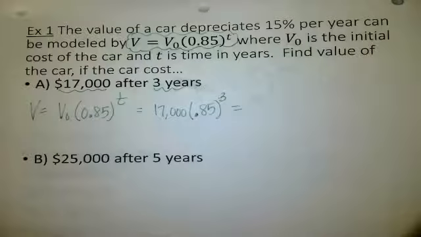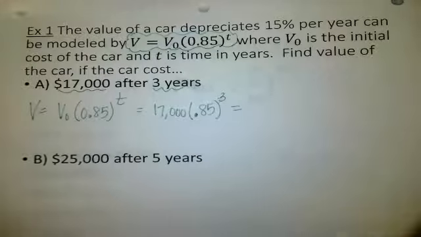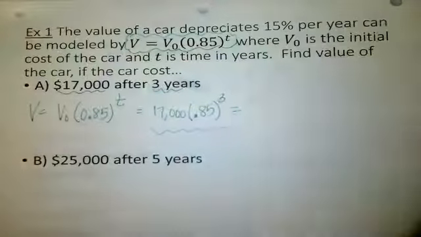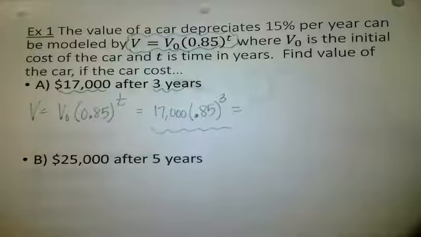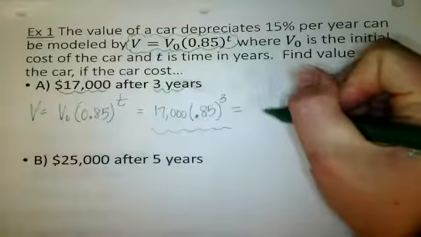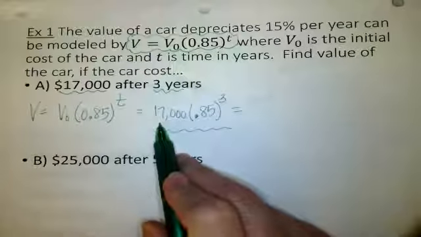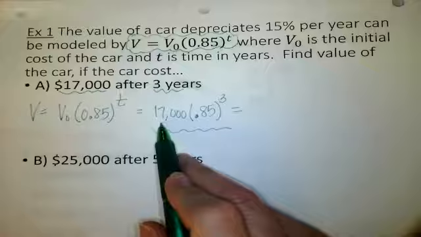So go ahead and plug that into your calculator. And the big thing here is, can you plug it in properly? That's all this is. I am sure you all can write the model out. The question is, can you use your calculator correctly? So please plug it in. And is the value of the car going to go up or going to go down? It's going to be less.